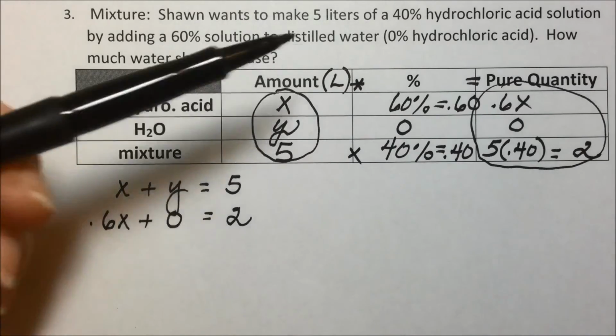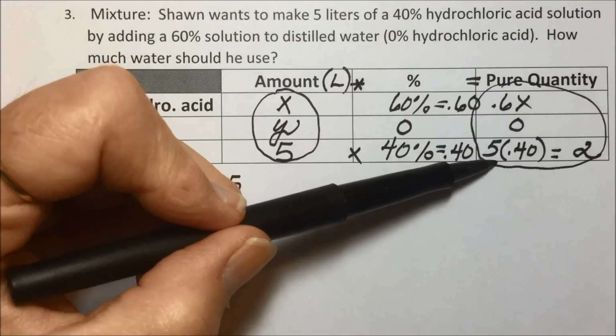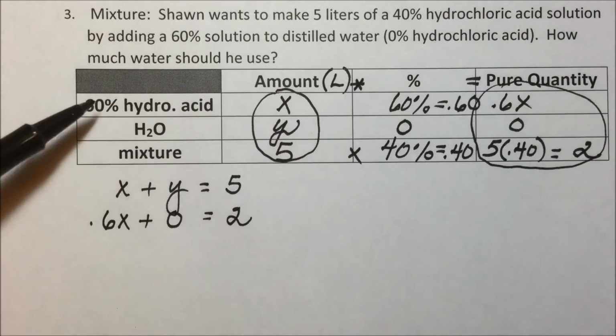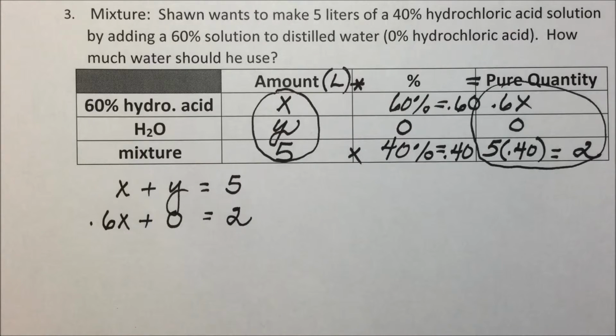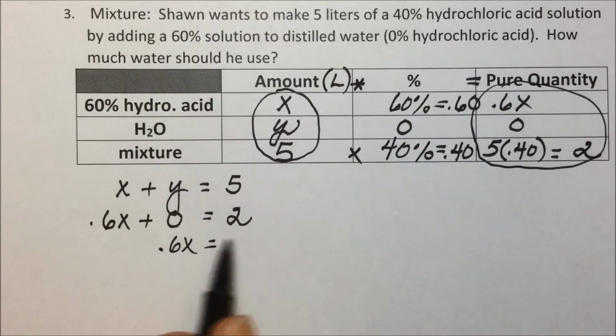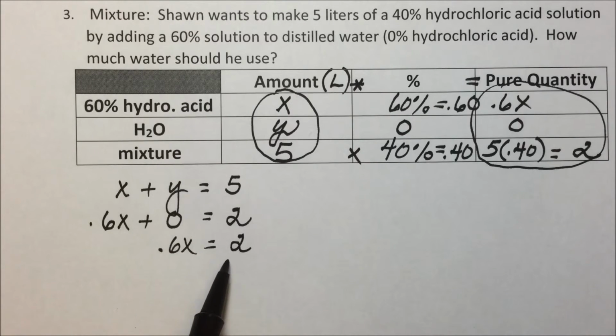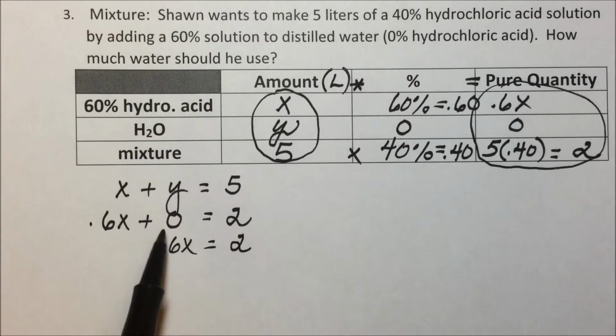What we're doing is we aren't adding any more acid, we're just diluting it by adding the water, which is reducing the percentage. And this term, because of the 0, has no impact on this equation. We can simply solve for the variable because we have one equation with one unknown.